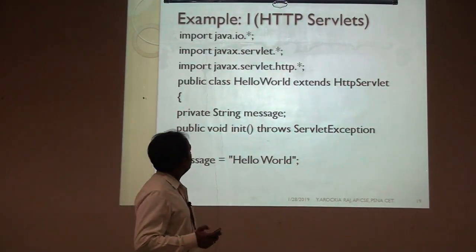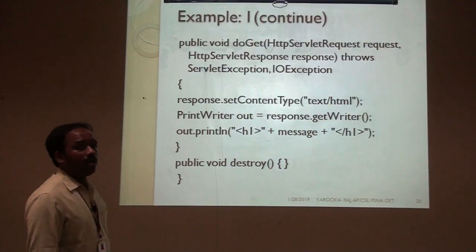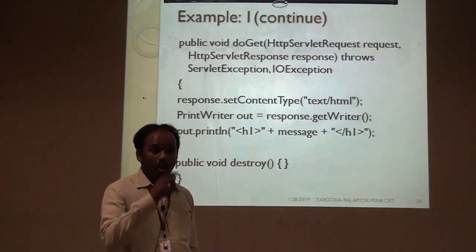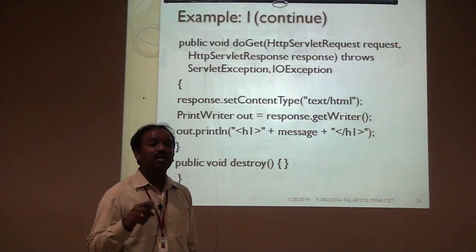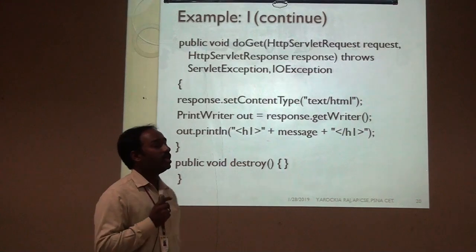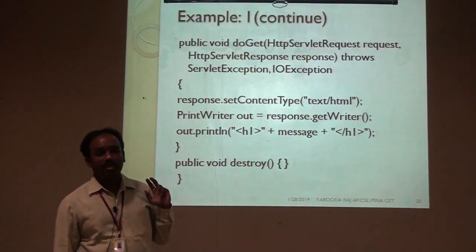And then the doGet method. I already told you we can use a lot of methods to handle the request and create a response for a particular server. Here I use the doGet method; there are doPost and many other methods we discussed.